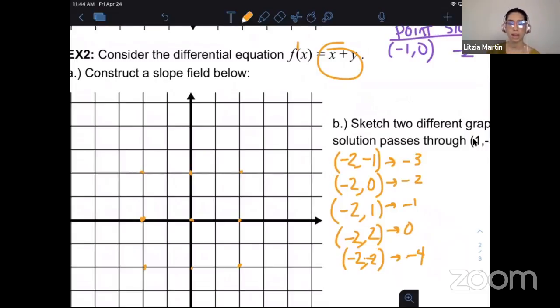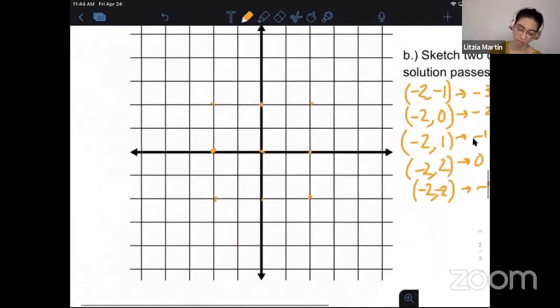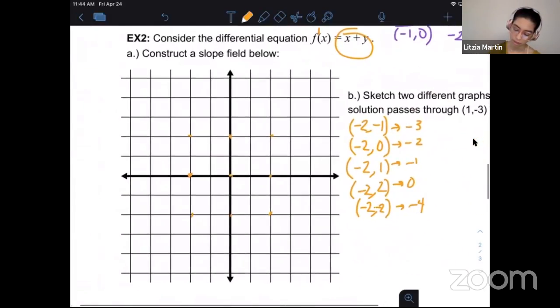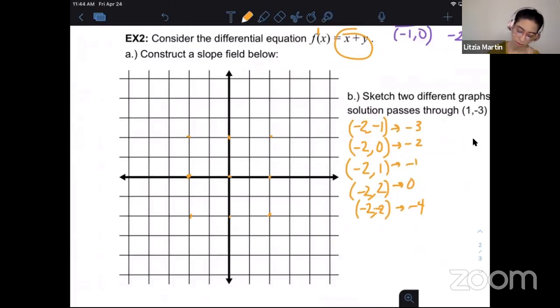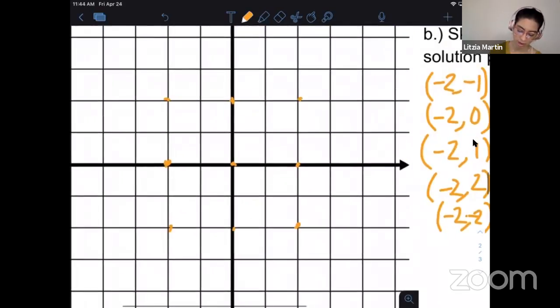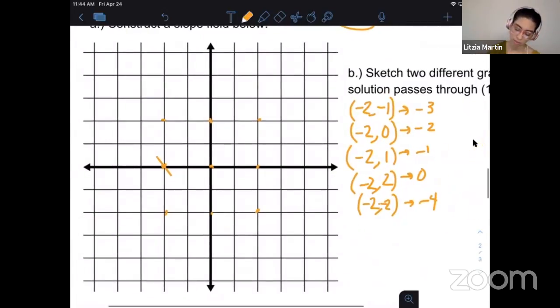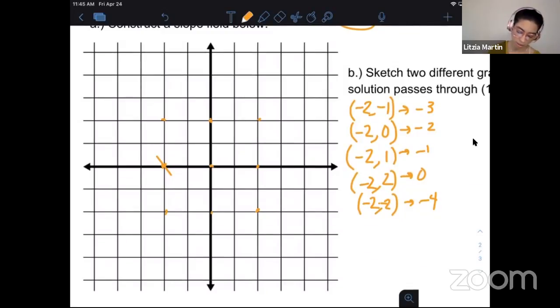Okay. So I can go to all these points here. -2, 0 is -2, so it's going to be a downwards, since it's negative slope. And -2, -1 is -3. It's going to be a little bit steeper than the one that I just drew. And then -2, -2 is -4, so it's going to be even more steep.